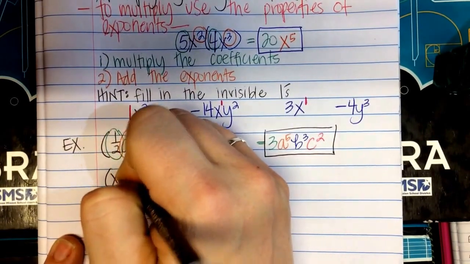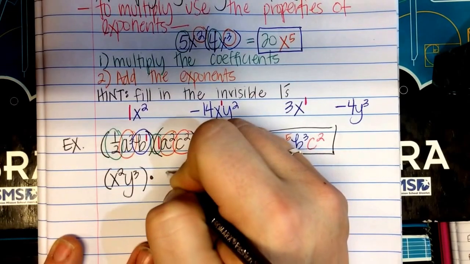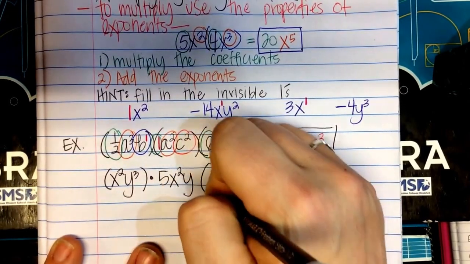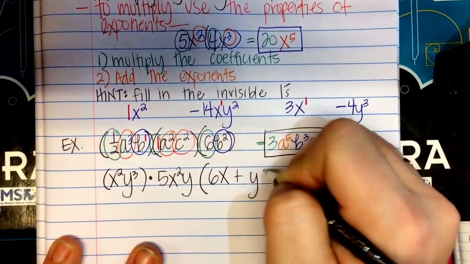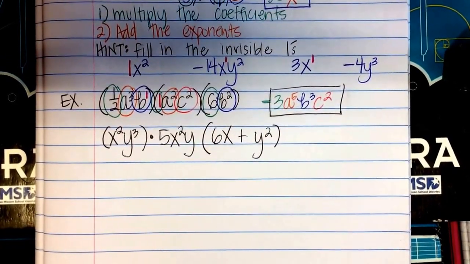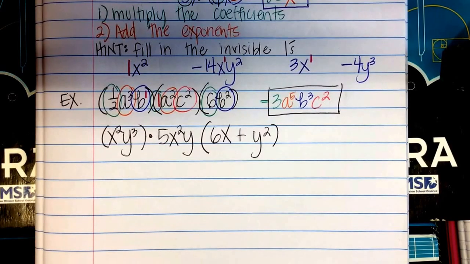X squared y to the third times 5x squared y times 6x plus y squared. Before you do step number 1, you have to fill in the hidden number 1.